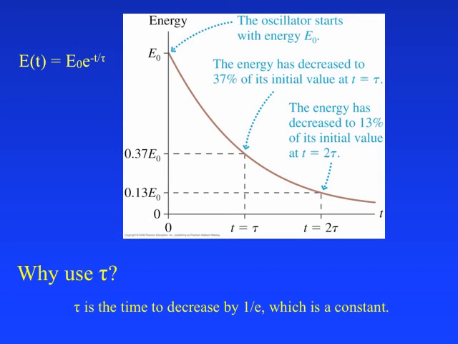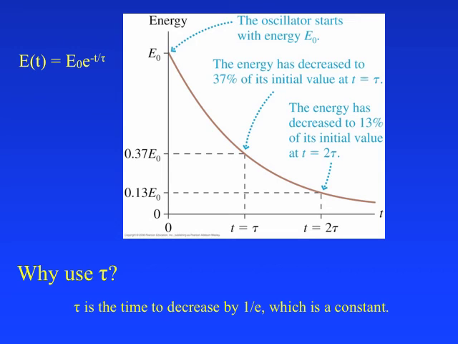Energy decreases exponentially. One way to describe an exponential decay is by decreasing by a factor of 1 over the transcendental variable e. 1 over e, 1 over e squared, 1 over e cubed. 1 over e is about 37% or 0.37.